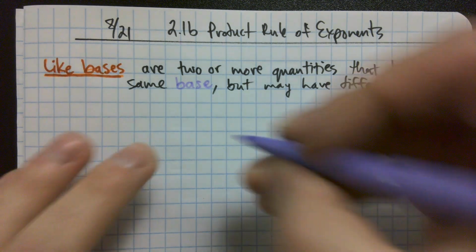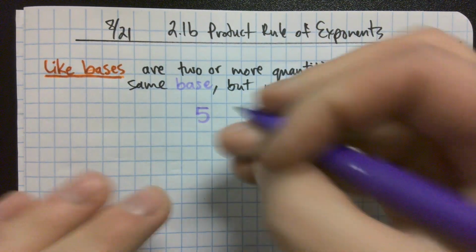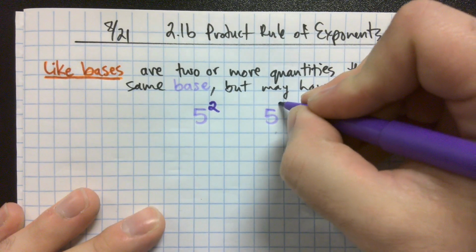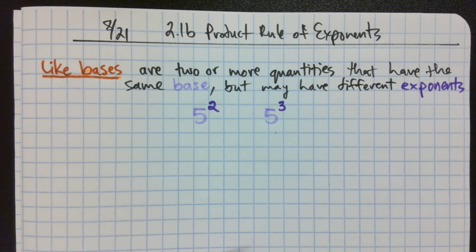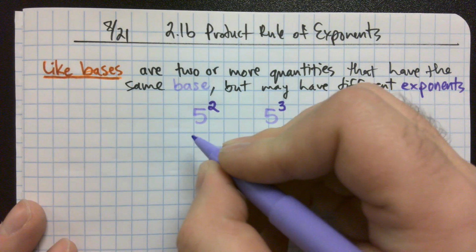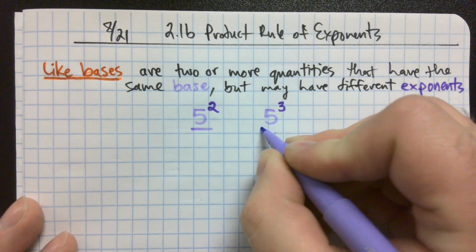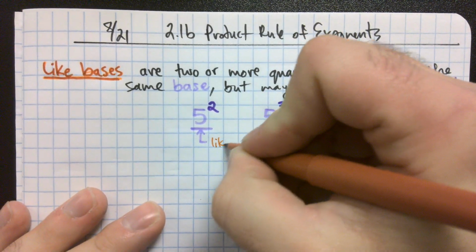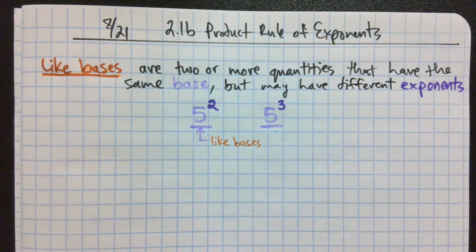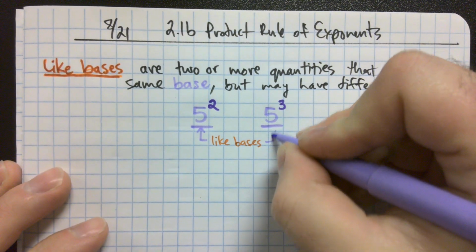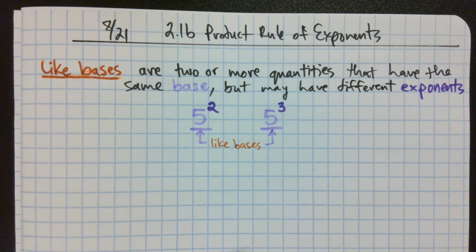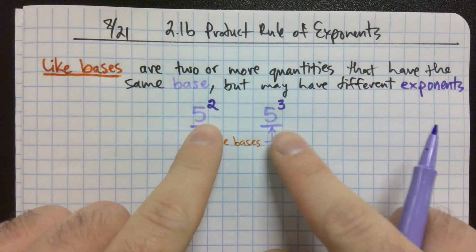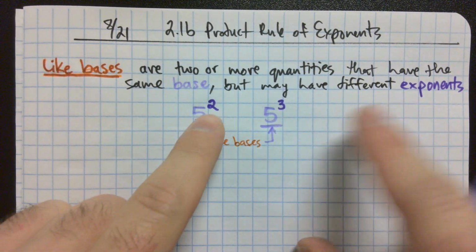So for example, if we have 5 to the power of 2 and 5 to the power of 3, these 5s are like bases. Okay, same base of 5, different exponents, 2 and 3.